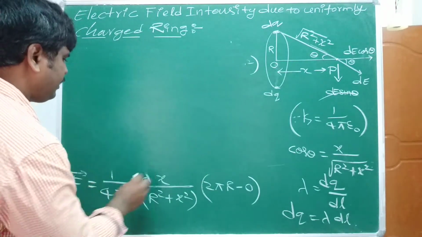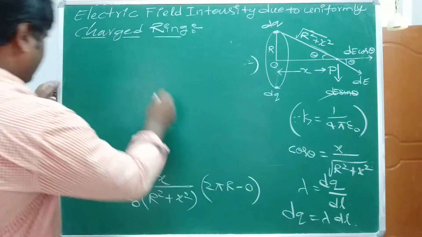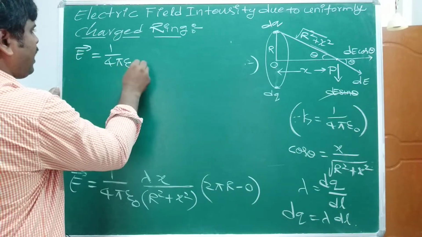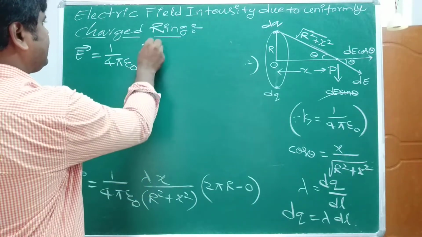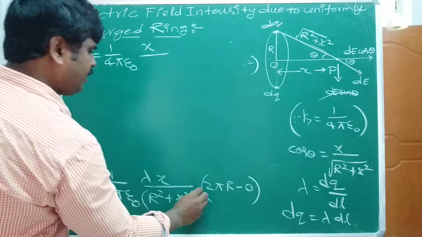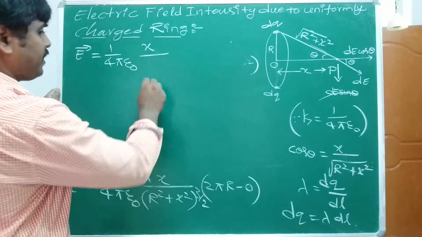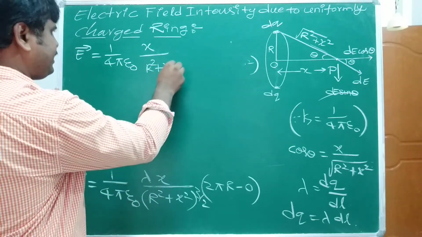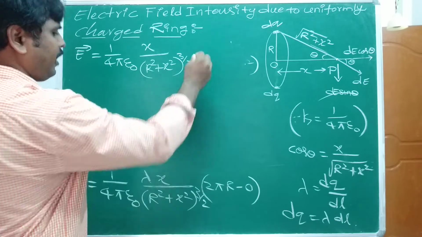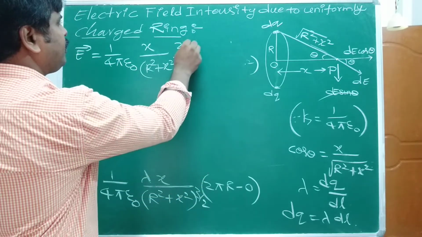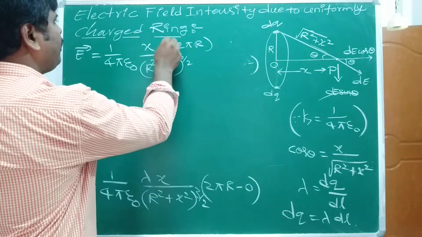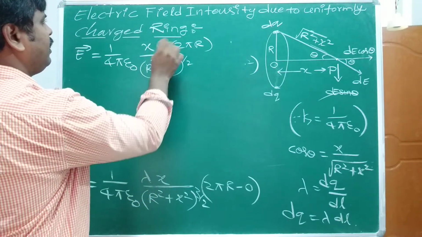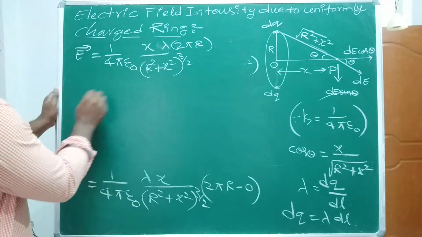Continuing here, E bar is equal to 1 by 4 pi epsilon naught, x divided by r square plus x square whole to the power of 3 by 2, sorry for the mistake, the power is 3 by 2, times 2 pi r into lambda.